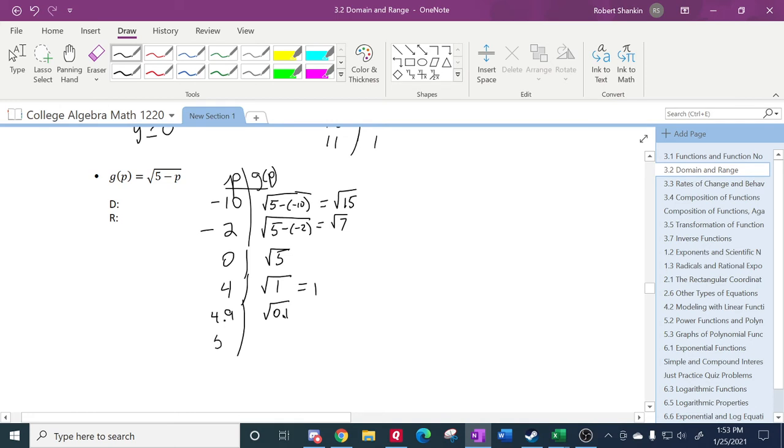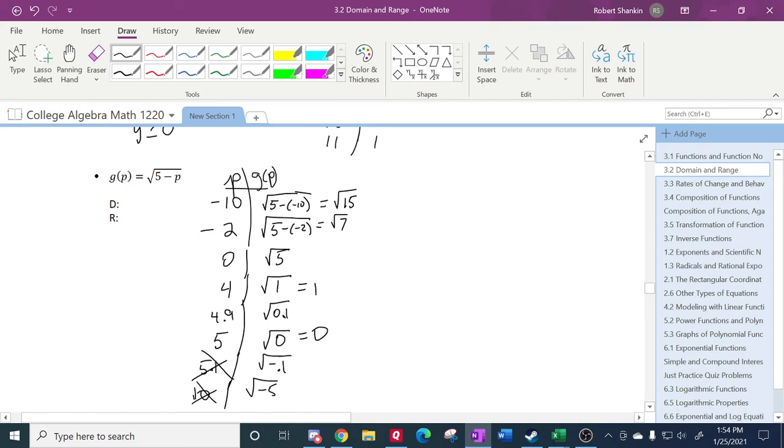When I get to 5, I'm okay. But as soon as I get bigger than 5, this is not allowed. 10 would be square root of negative 5. It's not allowed.